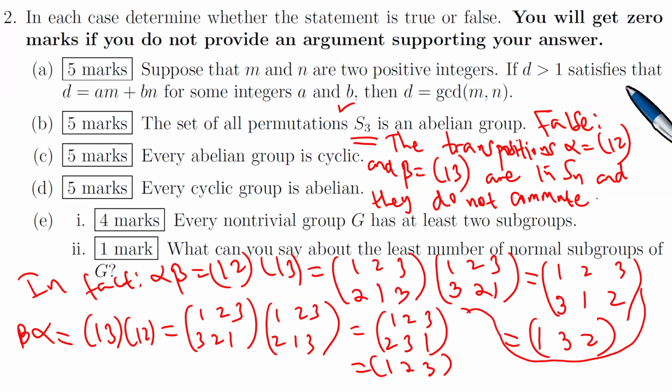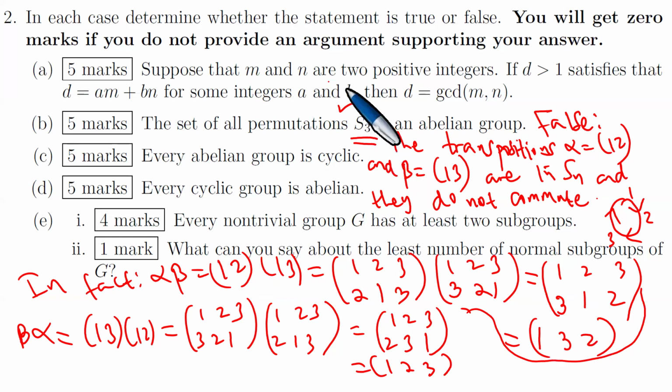We can draw a cycle like this and put the numbers here: 1 here, 2 here, 3 there. 1 goes to 2, 2 goes to 3, and 3 goes to 1. It forms a cycle like that. I think this is nicer. Let us continue, and it explains why these 2 cycles now produce 3 cycles.